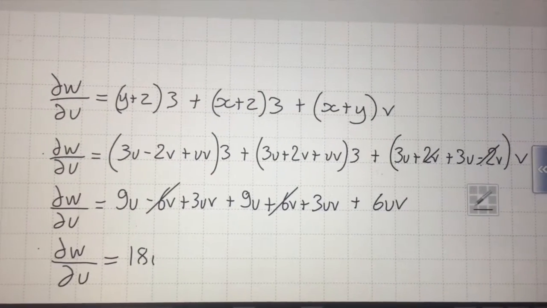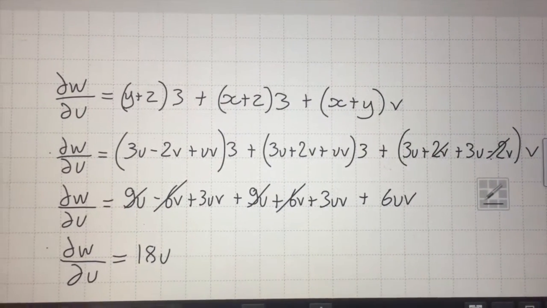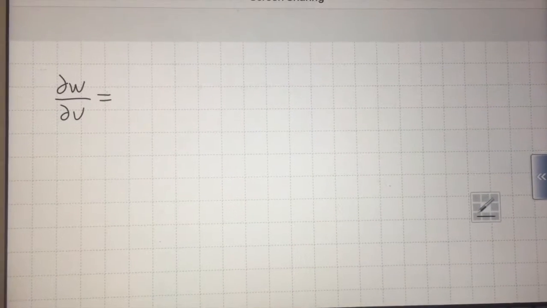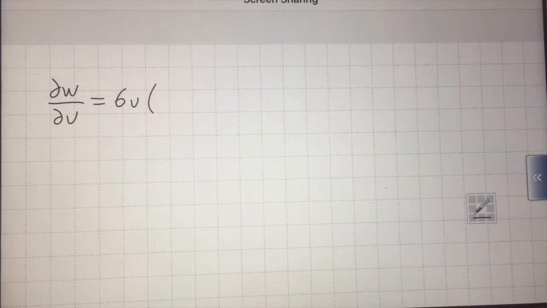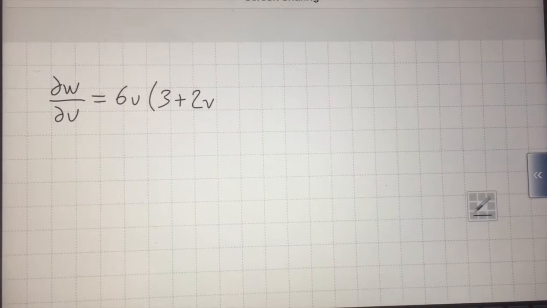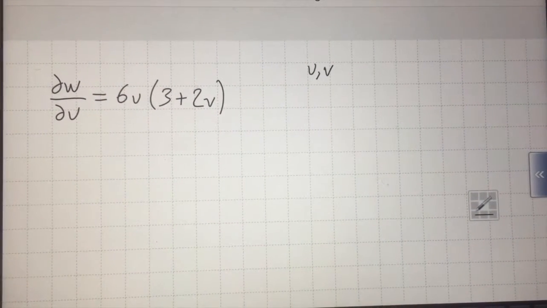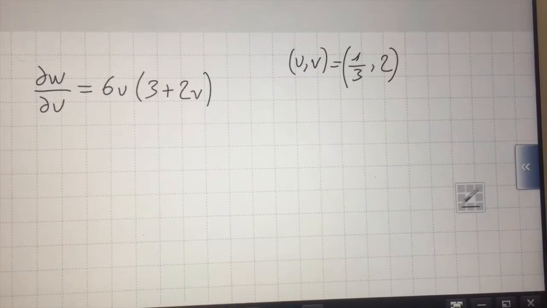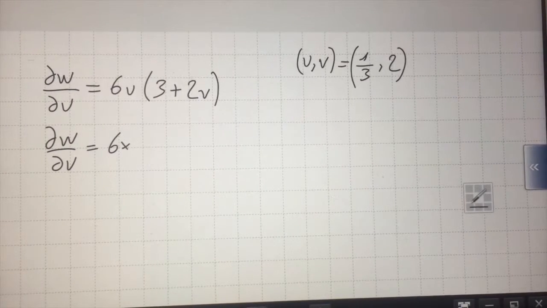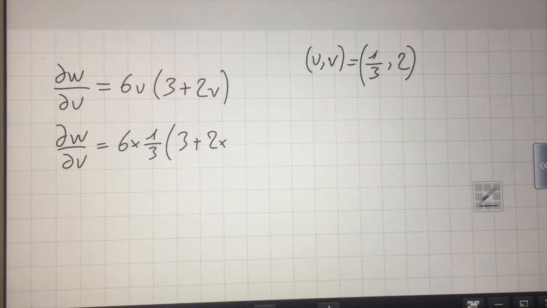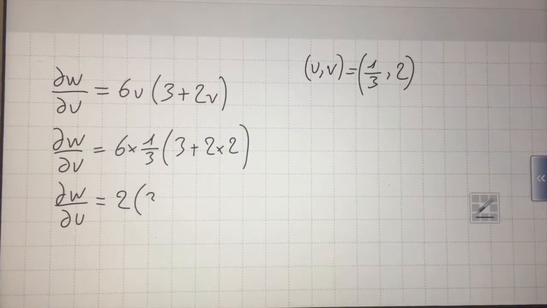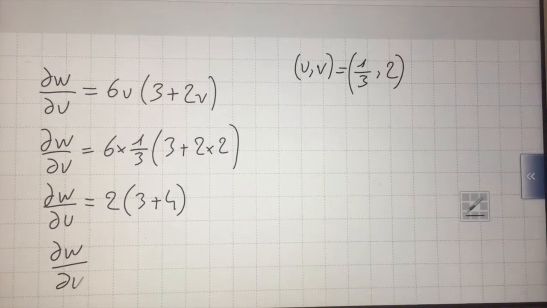So we cancel the 6v, then we can see we have 18u, and we also have 12uv. By simplifying, this gives us 6u times 3 plus 2v, and we're going to replace u and v at the coordinates 1/3, 2. After replacing u and v by 1/3 and 2, and simplifying, we finally find a result which is 14. You now know how to use the chain rule.